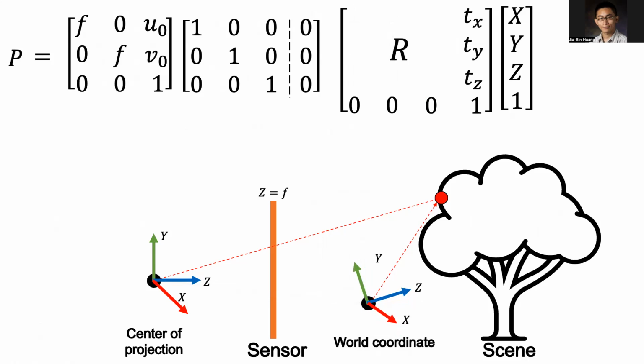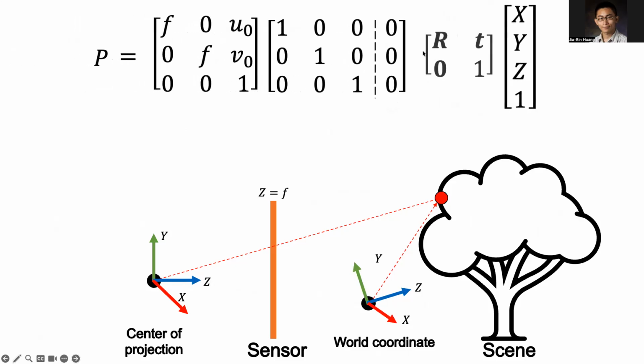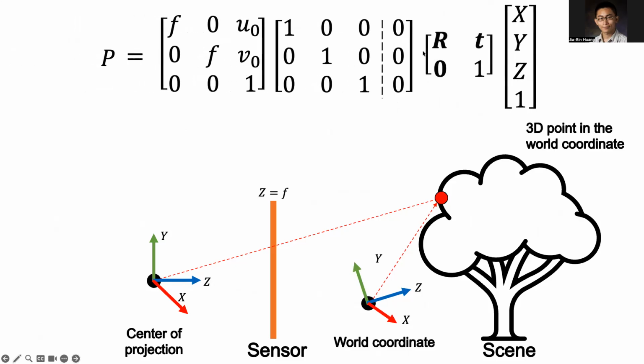So if you look at this, now you have the XYZ in the world coordinate system, and they will first be rotated and then translated, so that now this point is described after this part. By the way, I can simplify this. So I start with a 3D point in the world coordinate system, right?